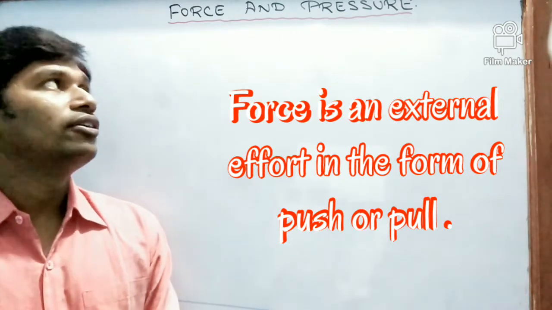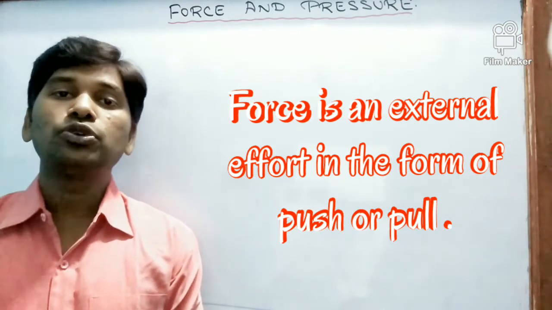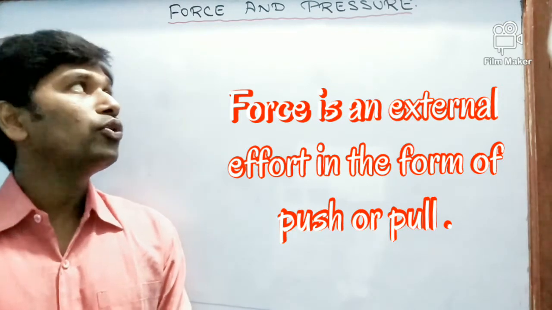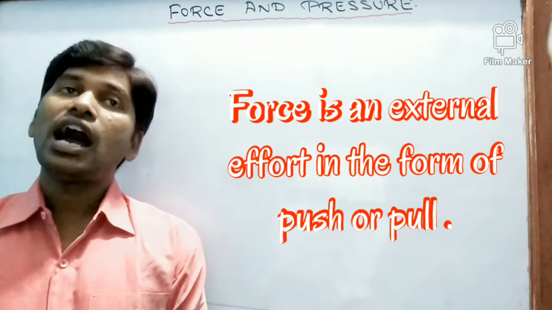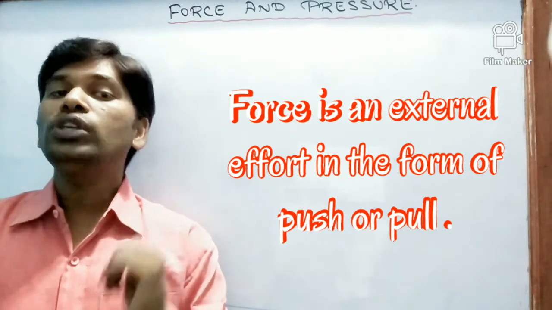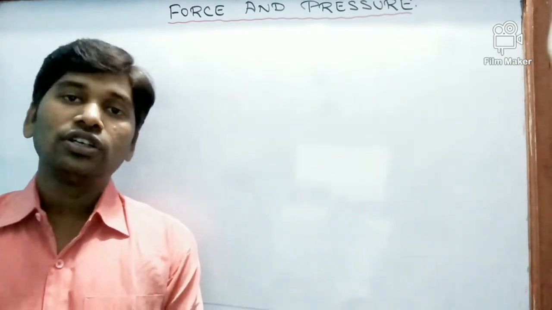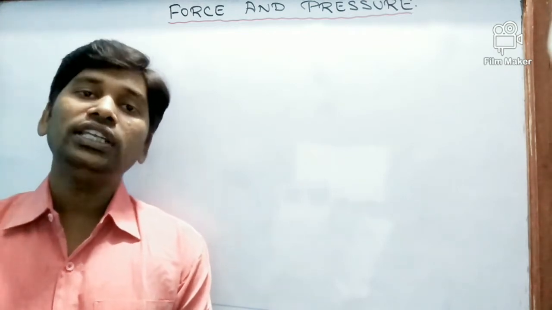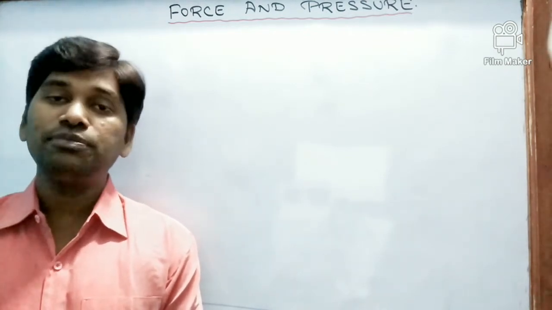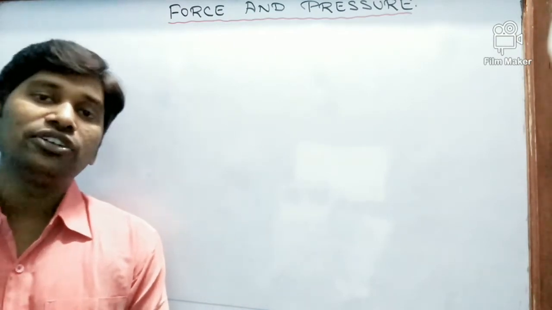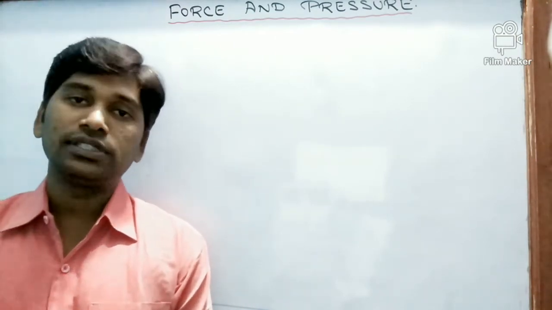To understand more about this force and pressure, we will first learn about two types of motion. Actually, motion can be classified in different types. Out of that, we will learn two types.